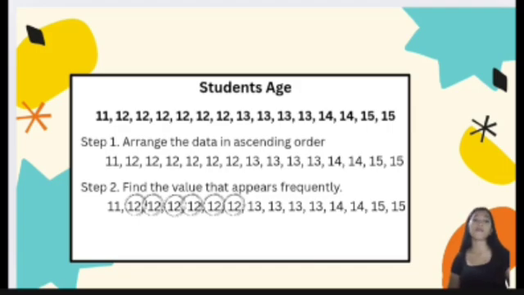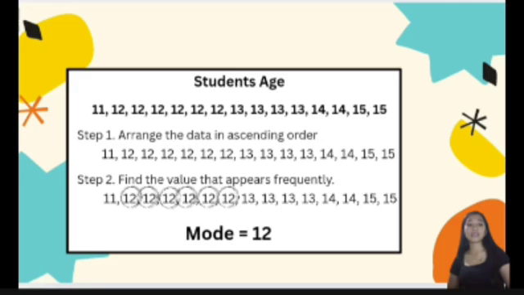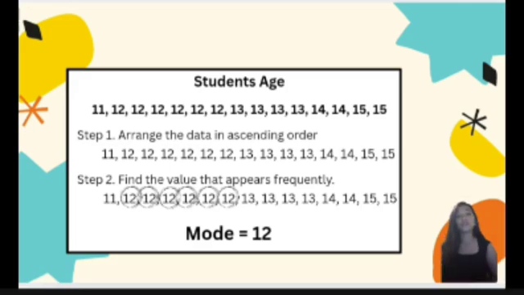As we can observe, we have only one 11, then we have six 12s, then we have four 13s, and then two 14s and two 15s. So it only means that 12 is the value that appears most frequently. So our mode is 12.